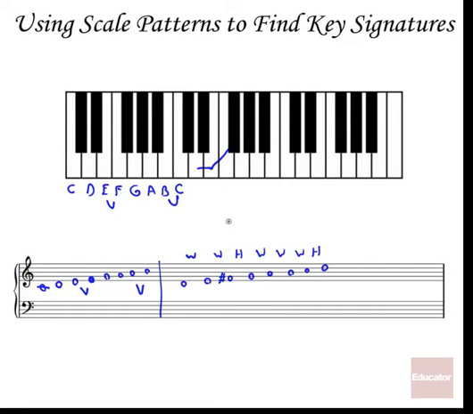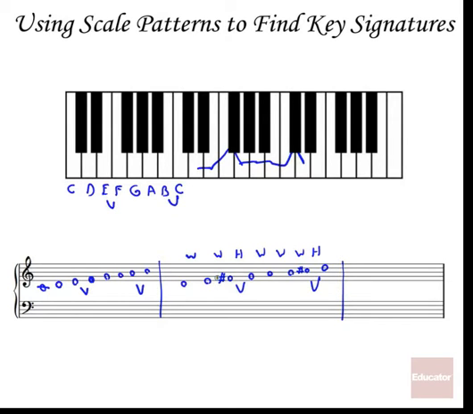And then we need a half step, so F sharp to G. And then a whole step, G to A, whole step, A to B. And then a whole step, B to C, so it needs to go to a C sharp. And then a half step, so that's fine. So here are the half steps.